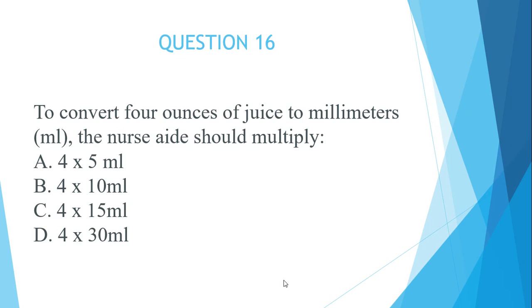That's why, when you are recording on that measurement paper that you're going to use during your skill, if you write 1 ounce instead of 1 cc, you see it's not the same, because 1 ounce equals 30 cc. So in this question, the answer is D. We have 4 ounces. You multiply by what? 30 ml. I hope you get this.